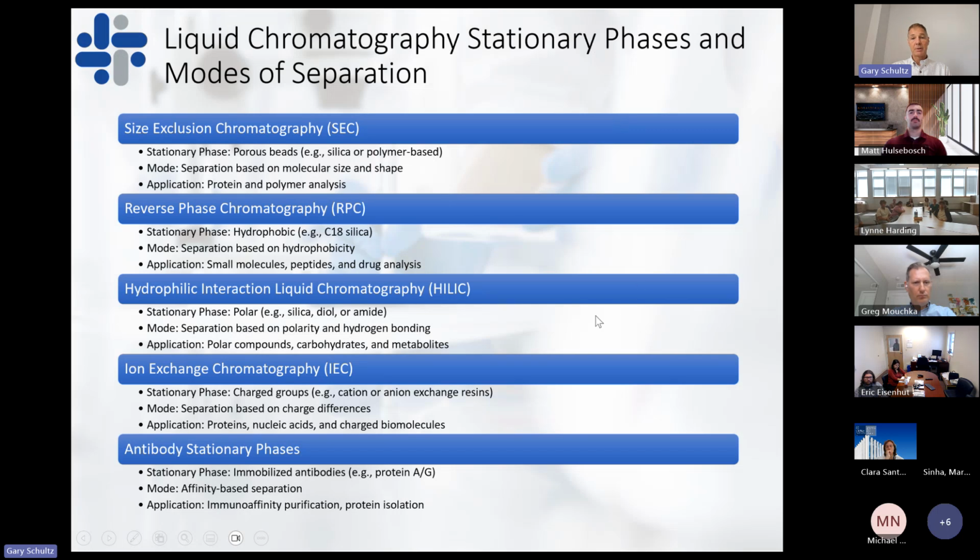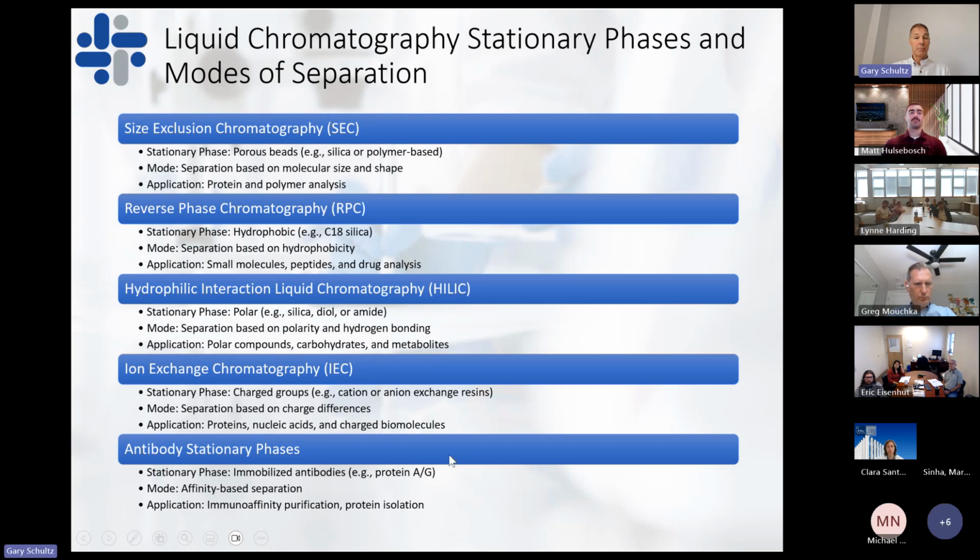Hydrophilic interaction chromatography is commonly used for analytes that are very hydrophilic, compounds that are very little retained with a reverse phase hydrophobic stationary phase. So for polar compounds, carbohydrates and polar metabolites, hydrophilic interaction chromatography is commonly used. We can also separate analytes based on their charge, and we use ion exchange chromatography to do that.